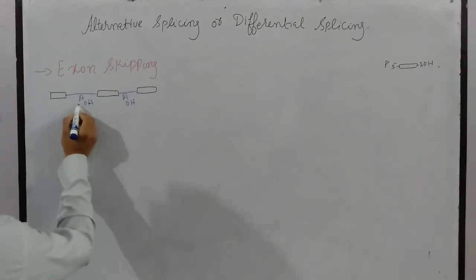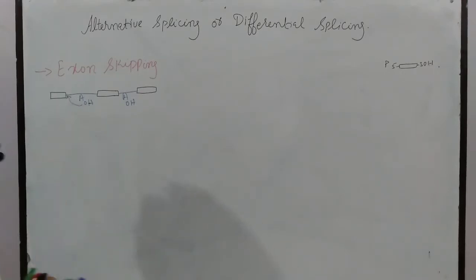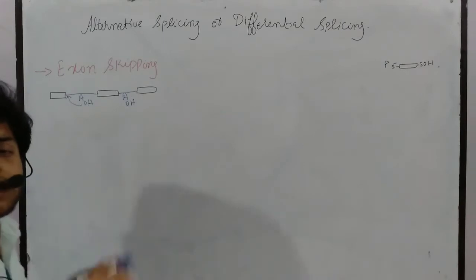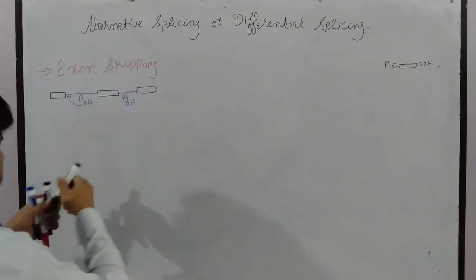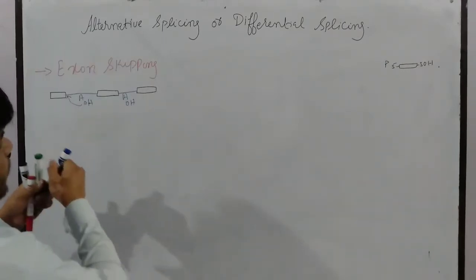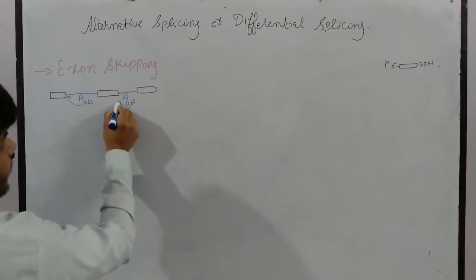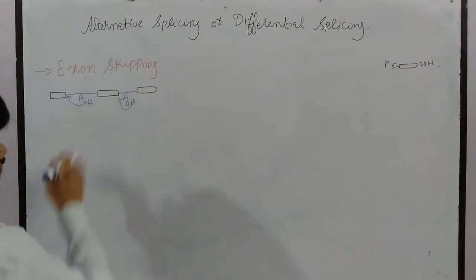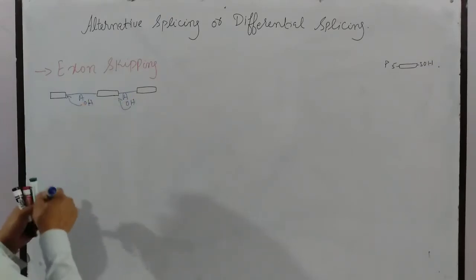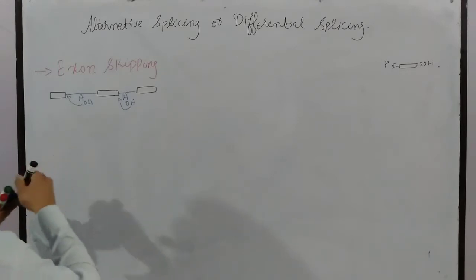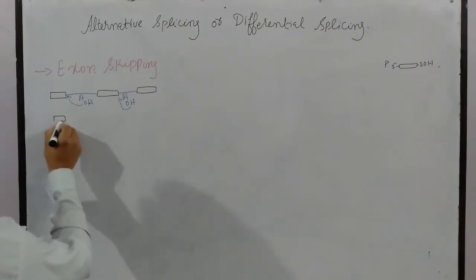So it will attack this area, where we have the phosphate, and similarly the same process will also occur at that specific area. So we will get the lariat in both cases.